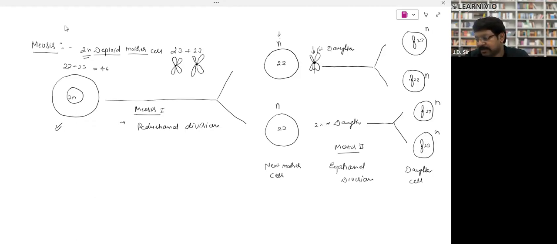The mother cell is diploid, but both of the daughter cells are haploid.